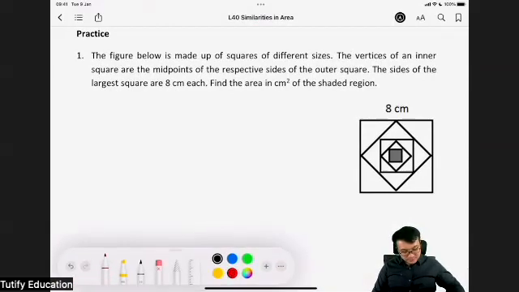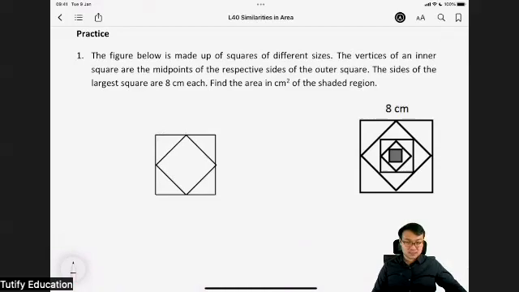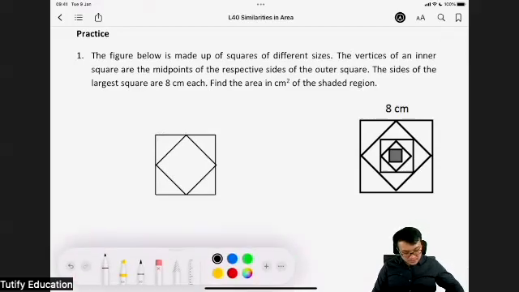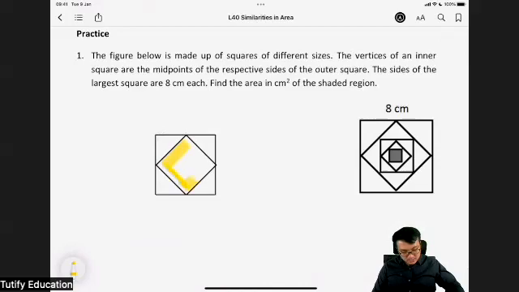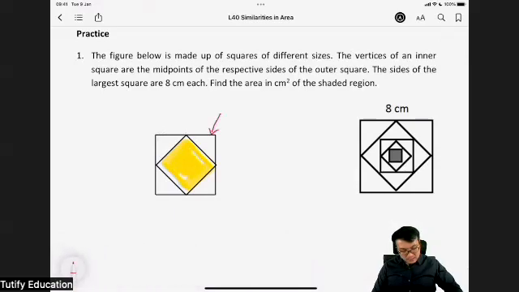Okay, let's draw a square first. And I'm going to draw another square inside. Okay, Maximus, can I ask you something? Look at the yellow square. If I tell you that the big square has an area of 50, can you tell me what is the area of this yellow square, Maximus?